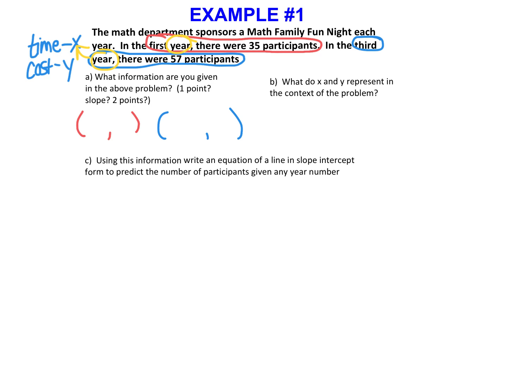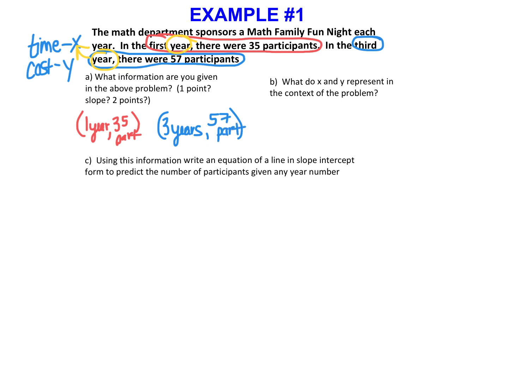So my first point is going to be the first year, so year 1, and there were 35 participants, or people. And then in the second point, I have the same pattern. We have year 3, so after 3 years, there were 57 participants.